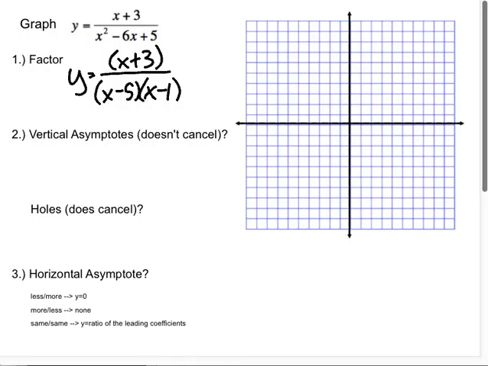Again, notice nothing actually cancels here. So there won't be any holes, but I have two vertical asymptotes. One because I can't let x be 5, and one because I can't let x be 1. So my two asymptotes are at 5 and 1.